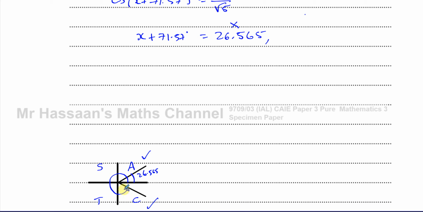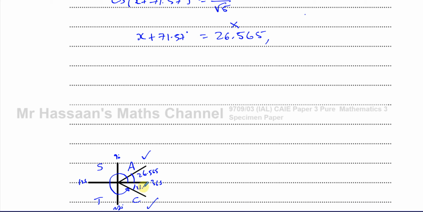So we can see that this is the whole revolution, which is 360. Remember, this is 360, this is 90, this is 180 degrees, this is 270, in terms of pi over 2, 3 pi over 2, and 2 pi. But we can see that the angle we're looking for here is the whole thing minus this little bit. Now this little bit is the same value as that, 26.565.